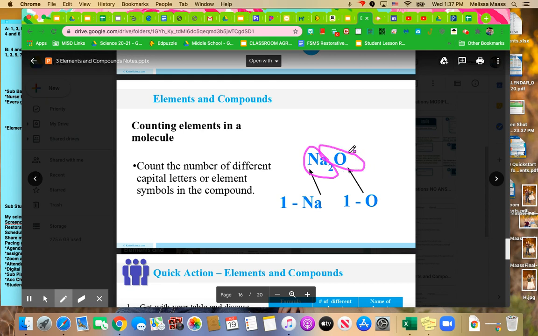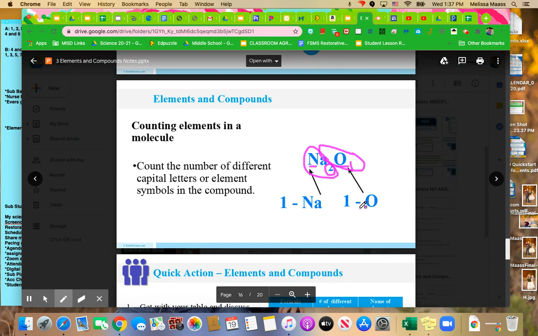How do we know? Because capital, lowercase, that's one element, and then we ran into another capital, so we know that's a separate element because it's a new capital letter. There's a 2 behind the Na, so that tells us there are 2 atoms of Na, and there's no number behind the O, so that just represents one atom of O.